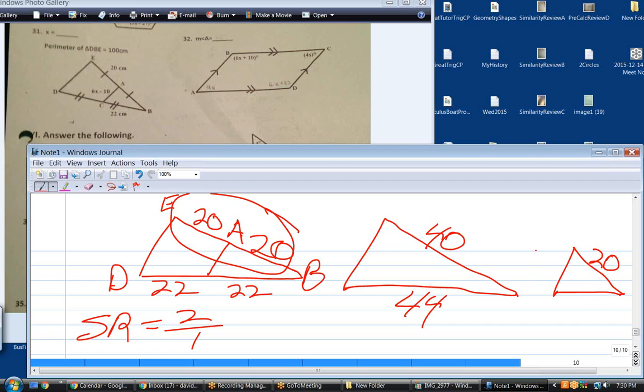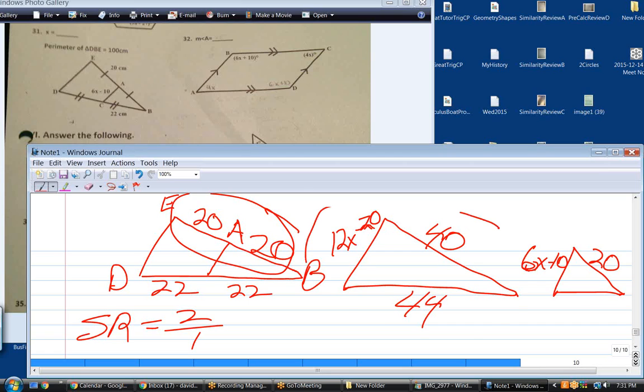And this side is 6x minus 10. So what is this side over here? Would you have to double that too? Every side is twice the other side. So would it be 12x minus 20? Correct.